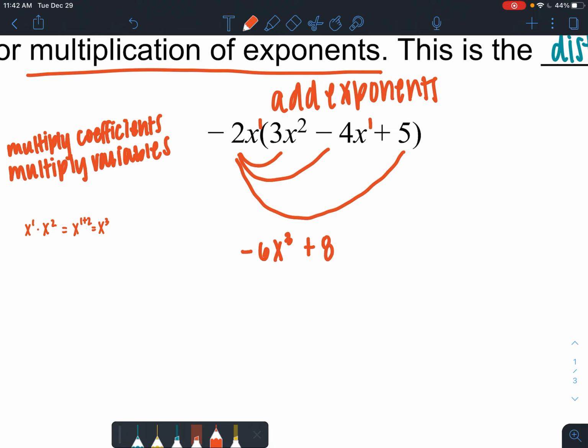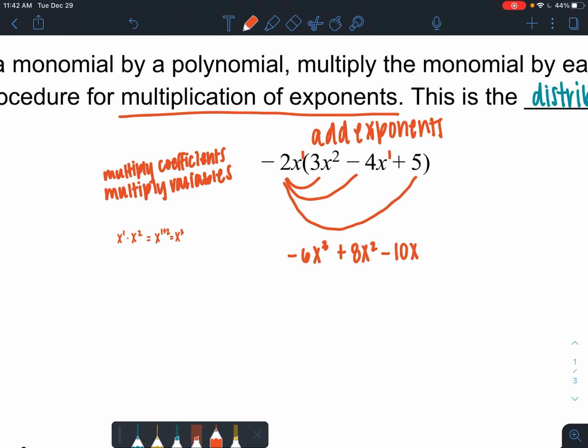And then x to the first times x to the first, 1 plus 1, gives me x squared. Finally, -2 times 5 gives me -10. The 5 doesn't have a variable, so I'm just going to take the variable and plop it down there. And now it's already in standard form because we multiplied a function that was already in standard form.